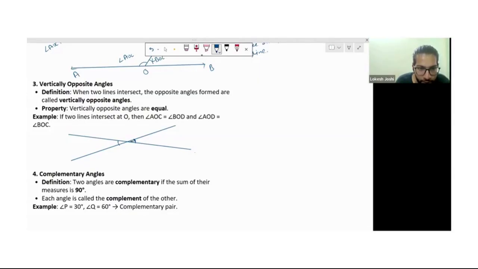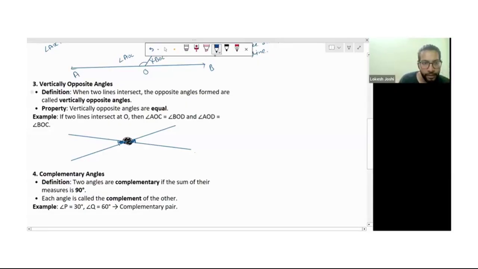Let me make it clear. These two angles and these two are vertically opposite angles, and it's a pair of angles.